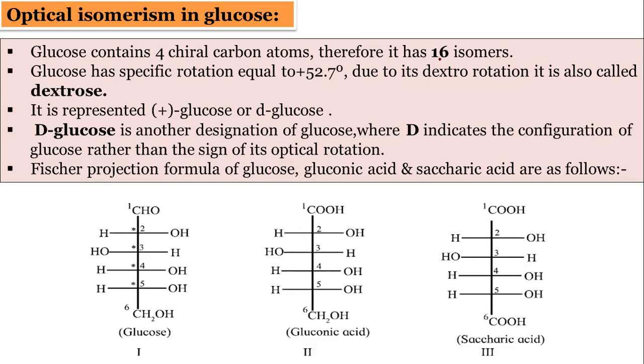It is 16 isomers, glucose आपल्याकडे आहेत. लक्षात घ्या. These questions are very important for the CET purpose also. Such type of questions can be asked for the CET. How many isomers are present in case of glucose? 16 isomers because of 4 chiral carbon atoms. Remember, हे 4 chiral carbons लक्षात ठेवा.